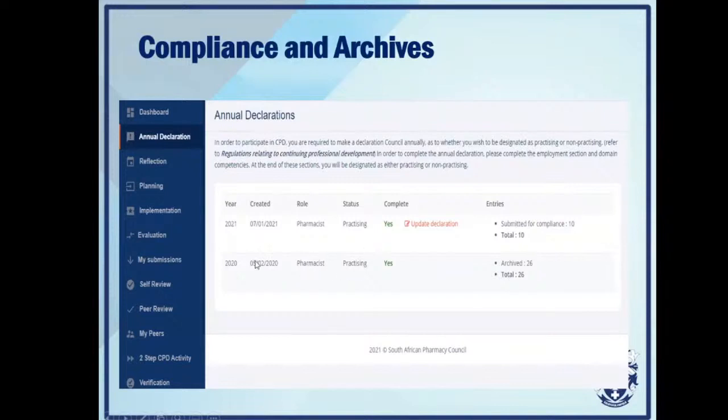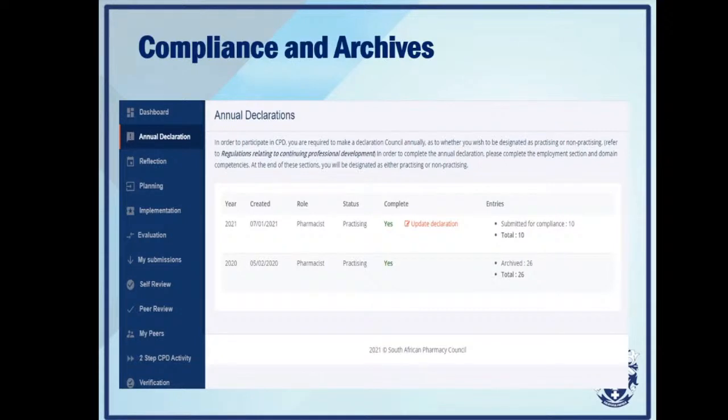It shows that for the year 2020, you have entered a total of this many activities, but they were archived. So they are there. Also, on the administration side, we also see this, so we are able to know that you do comply with the requirements.